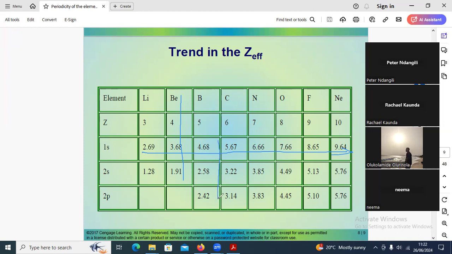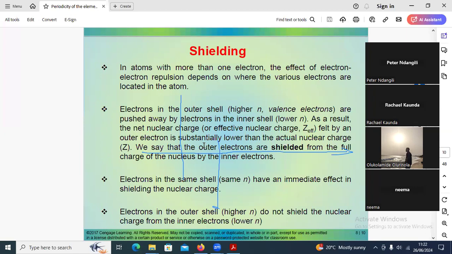This is because of the shielding effect, and I want to discuss that shielding effect in detail as we go on. Now, the shielding is experienced in atoms with more than one electron.